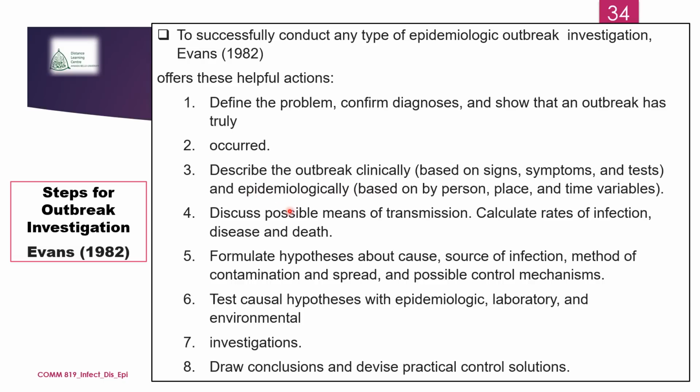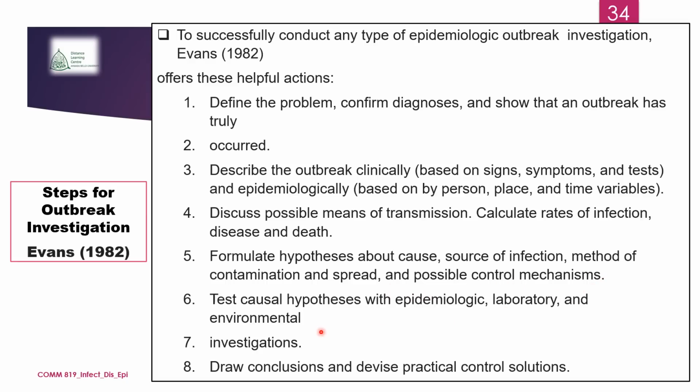You need epidemiologically to tell us the persons involved, the place and time variables. Then you need to also discuss possible means of transmission of that particular factor. Then calculate the rate of infection, diseases, and death. You need to formulate hypotheses about causes, source of infection, method of contamination and spread, and possible control mechanisms.